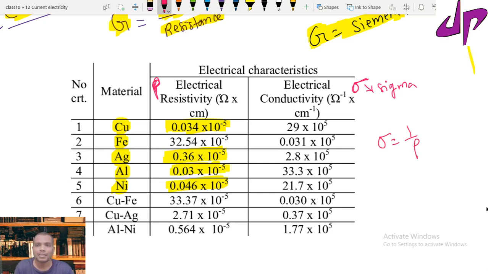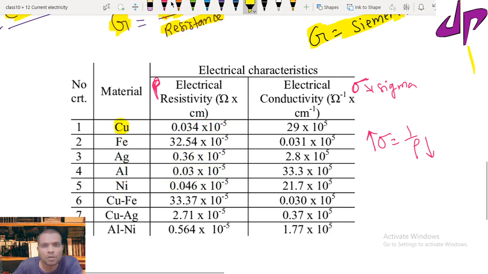If the conductivity is more, then the resistivity is less. So in the same material, they are inversely proportional. That's why, if you take copper, we know copper is a good conductor.